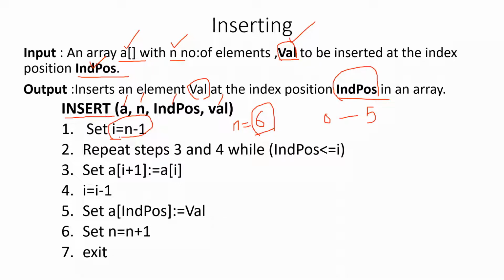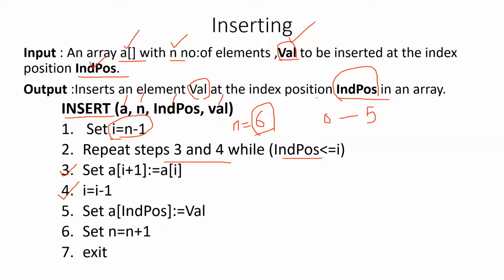What is the meaning of I equal to n minus 1? We are setting the I variable to the index position of the last number in the array. That's all. So that is what we mean by I equal to n minus 1. Then the next step we have given: repeat steps 3 and 4. What are 3 and 4? This step and this step, when the index position is less than or equal to I. What is I now?